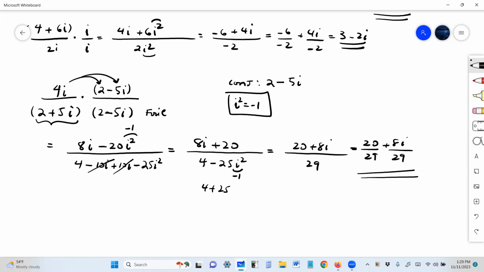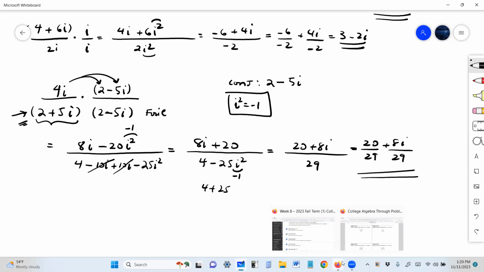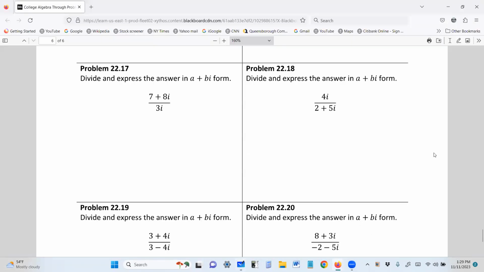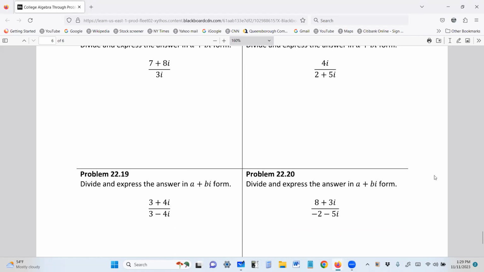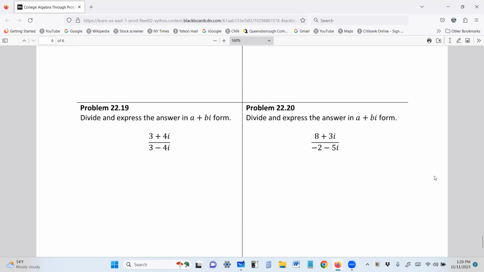Okay, so division of complex numbers where we have the denominator having two terms. Conjugate approach. Okay, let's do one more. Take a look here. And we'll do one more. Maybe we can do the last one. 8 plus 3i over minus 2 minus 5i.